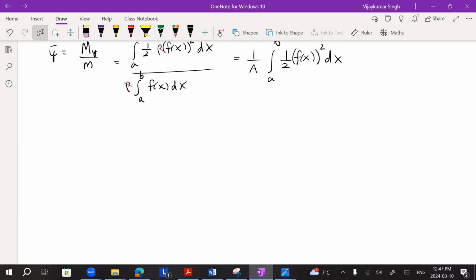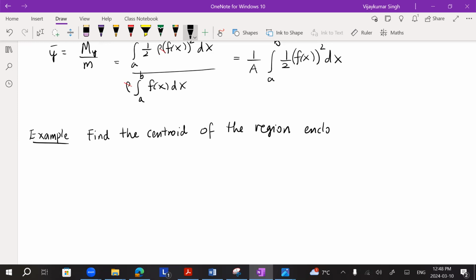So example. Find the centroid of the region enclosed by y equals x, y equals x, and y equals.